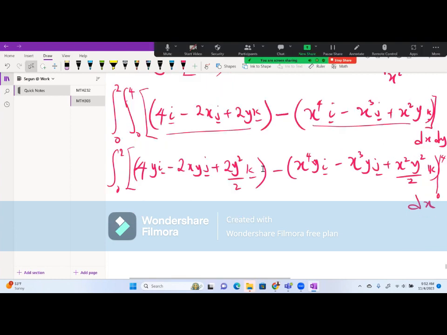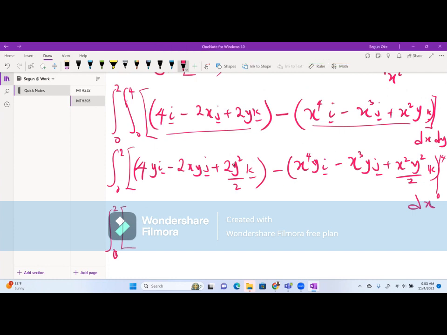Anytime we substitute 0, we know everything will be 0 because all of them contain one y or the other. So let's deal with upper limit alone in this case now. So we have 0 to 2. Substitute 4 here. What do you have? 4 times 4, we have 16i minus 4 times 2, we have 8x j. You have plus 16k.